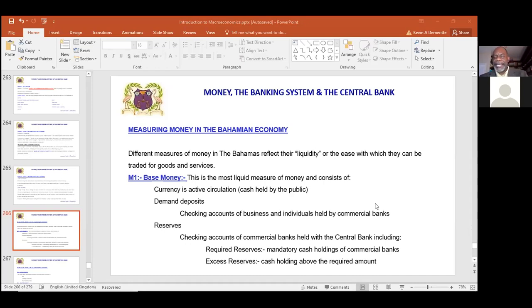So it makes more sense to keep this money with the central bank than in your own vault. Because the central bank says, okay, fine, we're happy to keep your extra money, but we're going to charge you for the privilege. Right? So not only does the central bank not pay interest on these deposits, but it charges the commercial banks for the privilege.